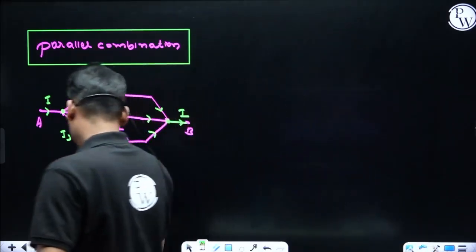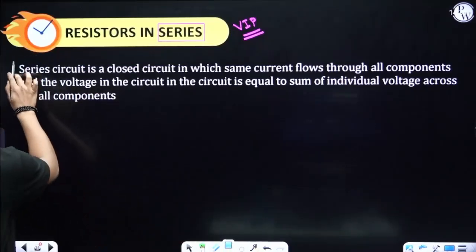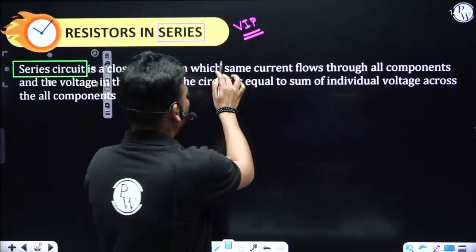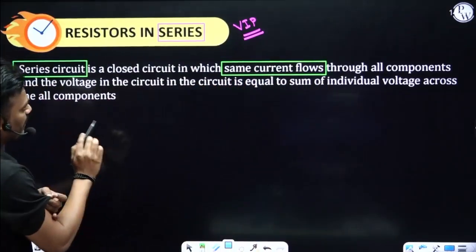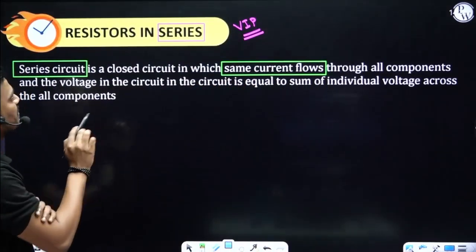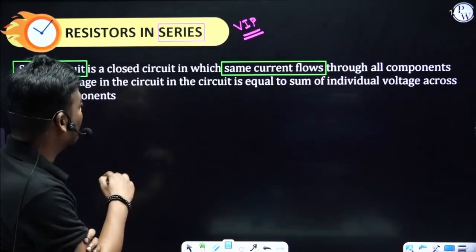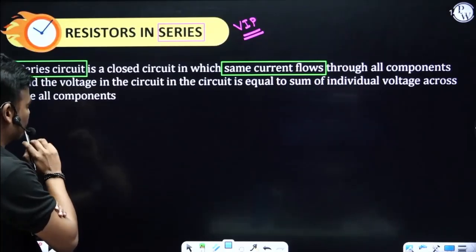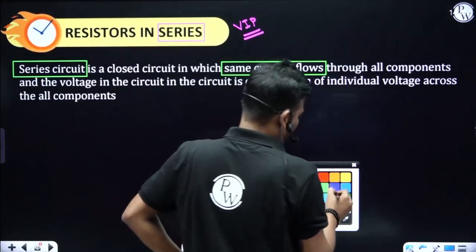Now, applying the same rule here. Series circuit means the current remains the same. A series circuit is a closed circuit in which the same current flows through all the components, and the voltage in the circuit is equal to the sum of the individual voltages across all the components, that is, the resistors. So first let me consider resistors.